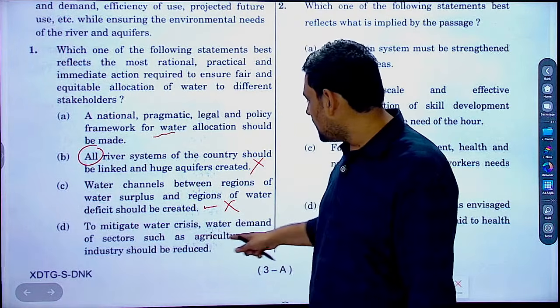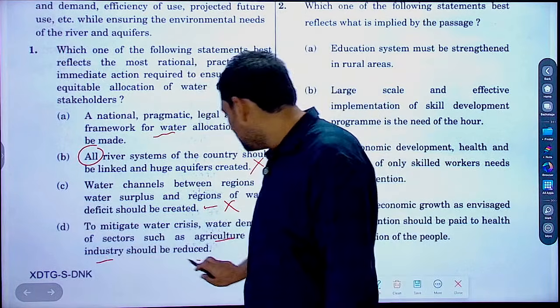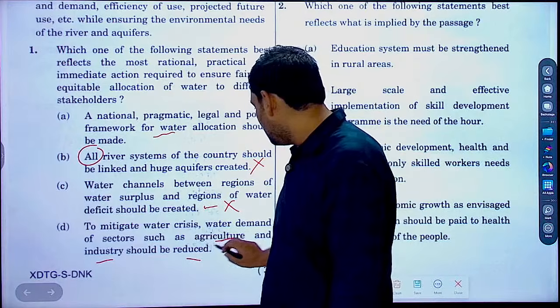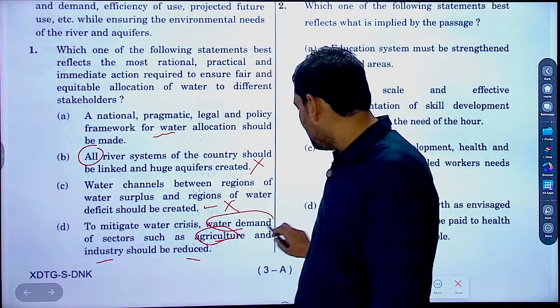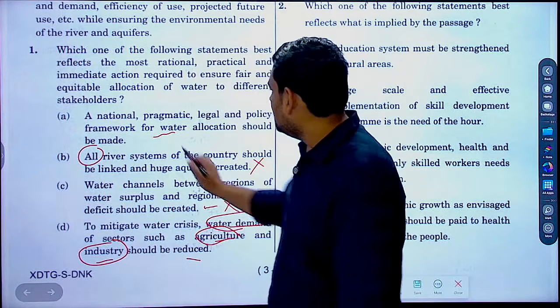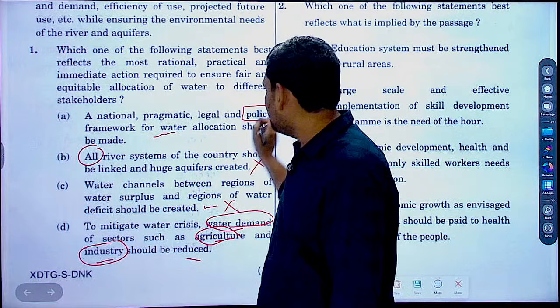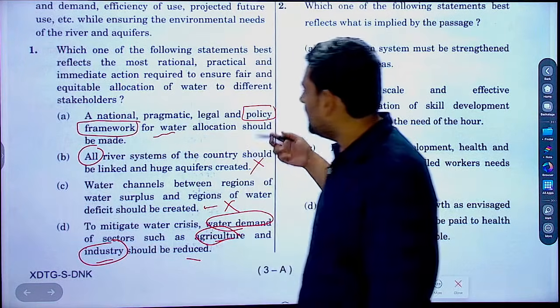To mitigate water crisis, water demand of sectors such as agriculture and industry should be reduced. So either it is about reducing the water demand in agriculture and industry, or it is about a policy framework that is pragmatic, national, legal, all this.